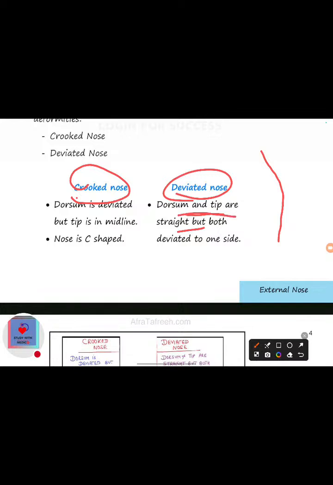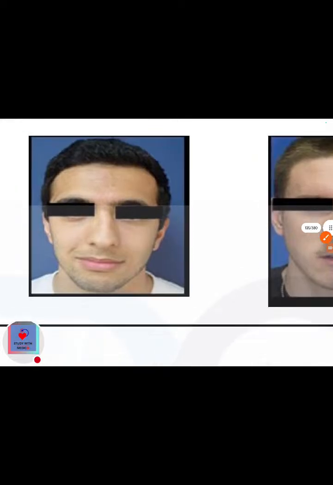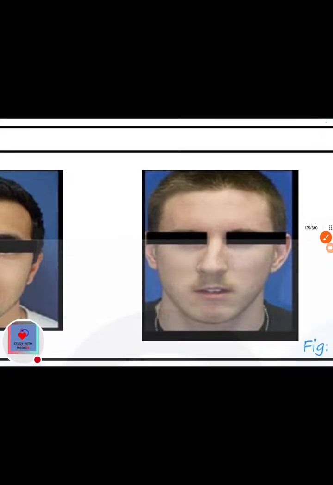If you see the picture you can come to know. Here the nose is deviated, but at the end it is coming to midline, but here everything is deviated. See here, it is totally deviated.